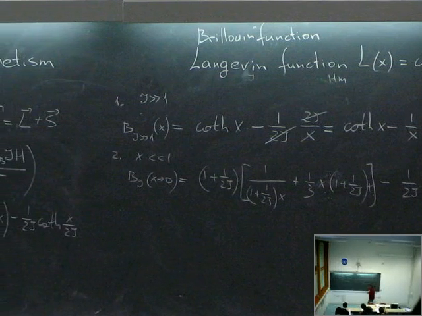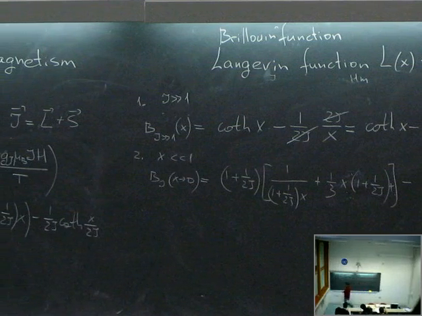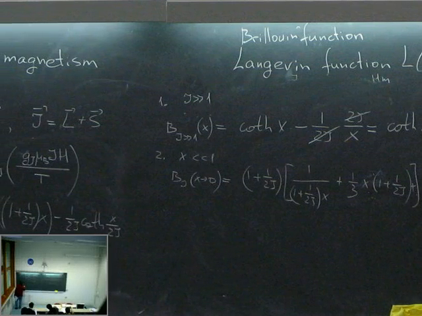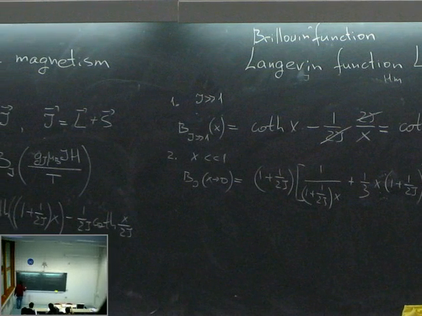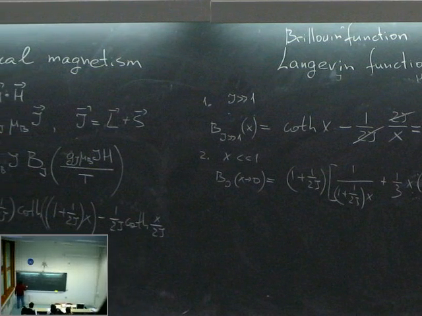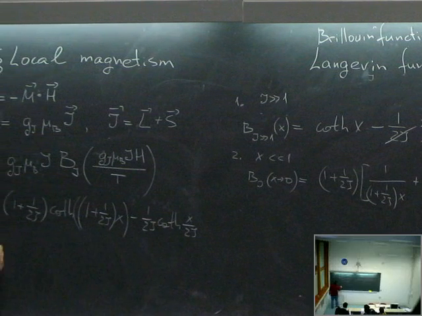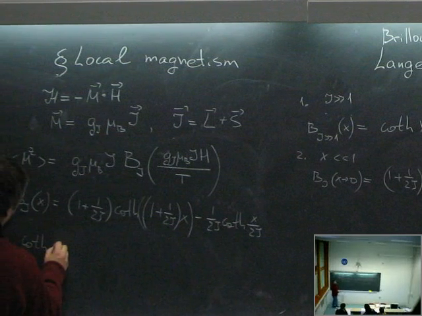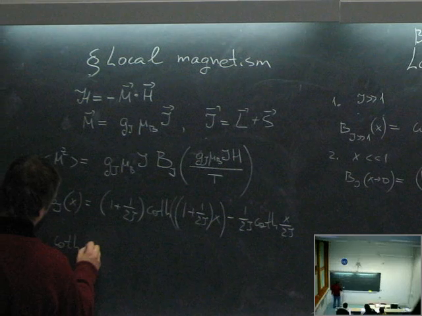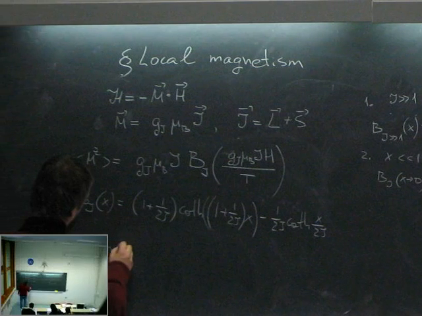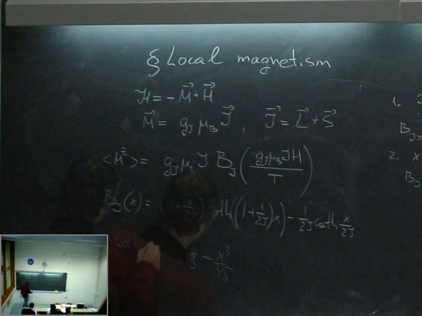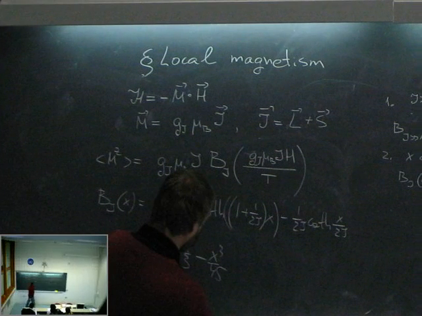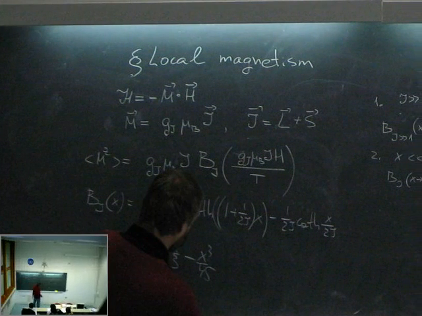For example, we know that coth x has the expansion 1 over x plus x over 3 minus x cubed over 45. Okay, let's collect terms.